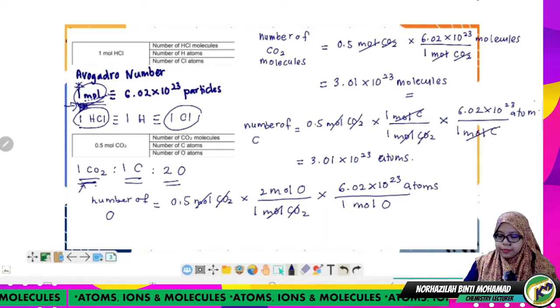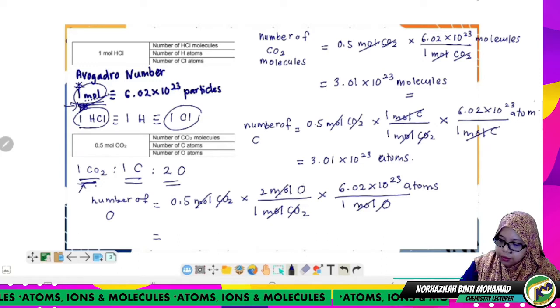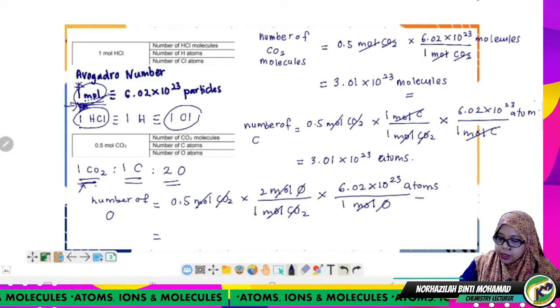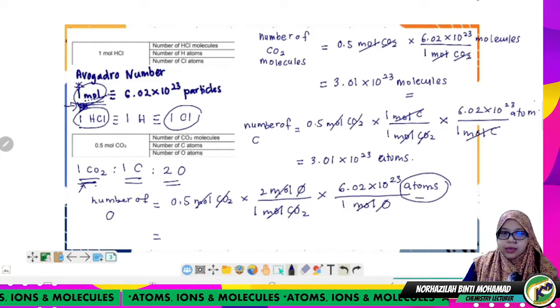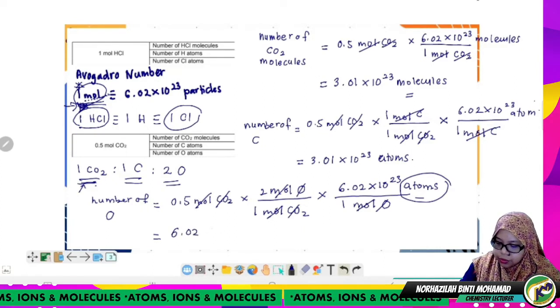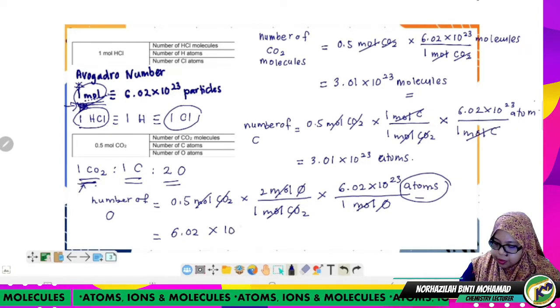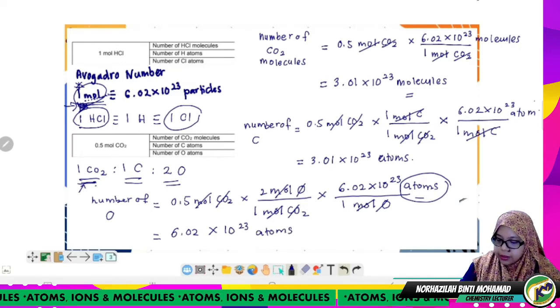Okay, so we can cancel the unit of mole oxygen and leave the unit of atoms here. So the answer is 6.02 times 10 to the power of 23 atoms. Okay.